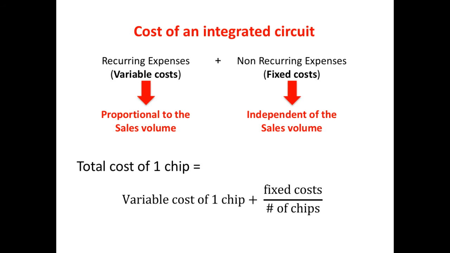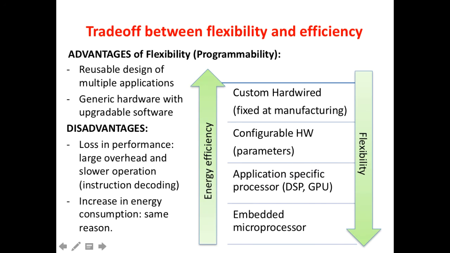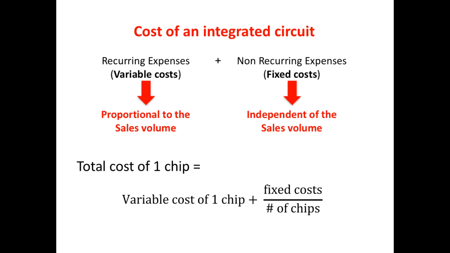If you consider what we indicated before, the custom hardware solution is something that has a large fixed cost, because it is typically done only for one specific application. Okay, so it really depends on the number of chips that you need for that application. And for example, if the number of chips is very small because the application is very specific, the cost per single chip can be extremely high.